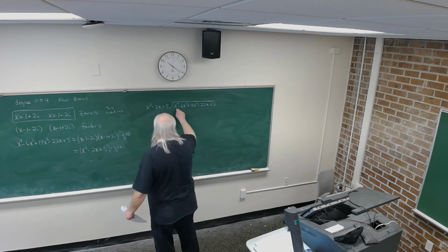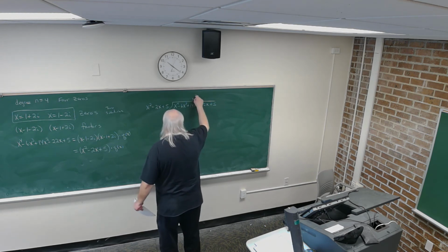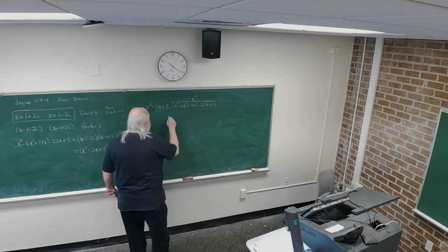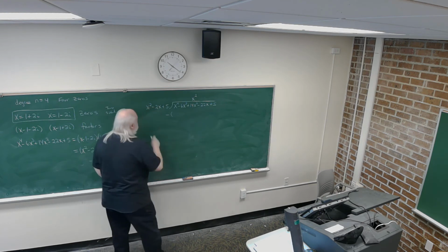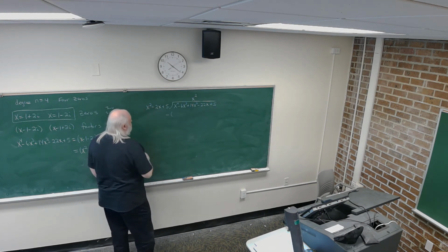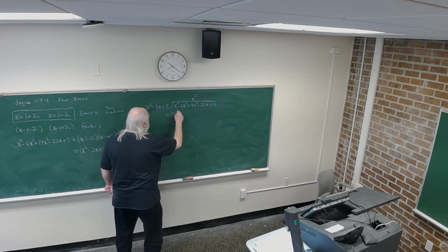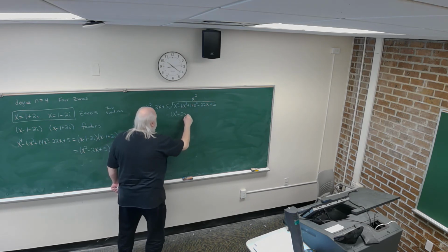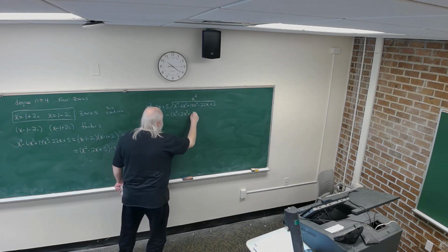X squared goes into x to the 4th, x squared times. And when you multiply the divisor by x squared, you get x to the 4th minus 2x cubed plus 5x squared.